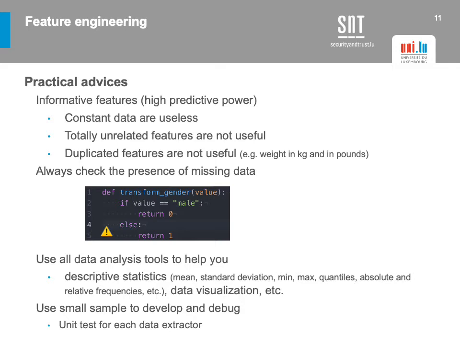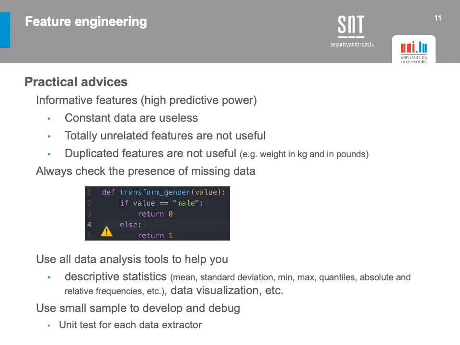So if you just give some random features that are generated by randomly flipping a coin, the model will not be able to learn anything, because if it's not related to the label in the supervised learning case, there is no information inside the data.